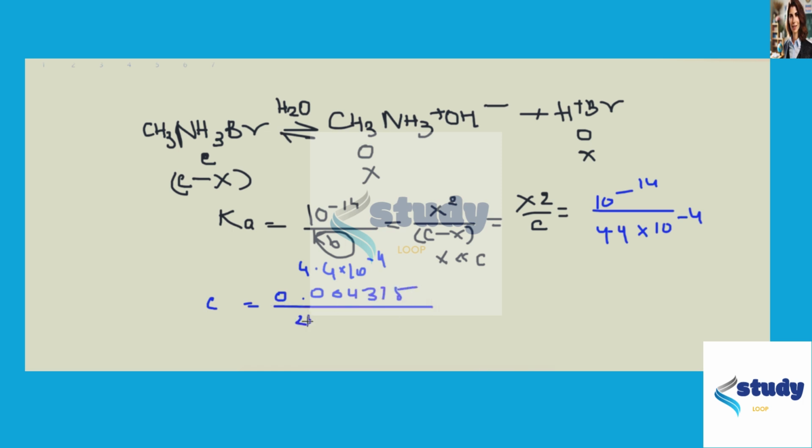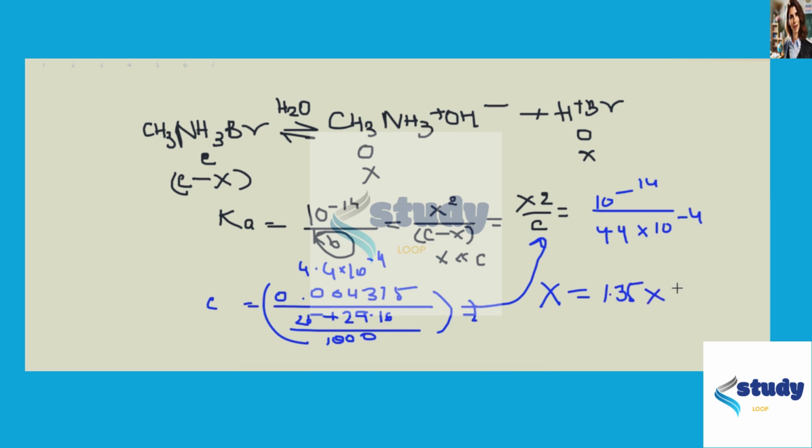You added 29.16 milliliters of acid to completely neutralize it and divided by 1,000. And the C, once you plug it into here, gives you the value of X. And you can do this yourself. I'll give you the answer. It's 1.35 into 10 to the power minus 6.